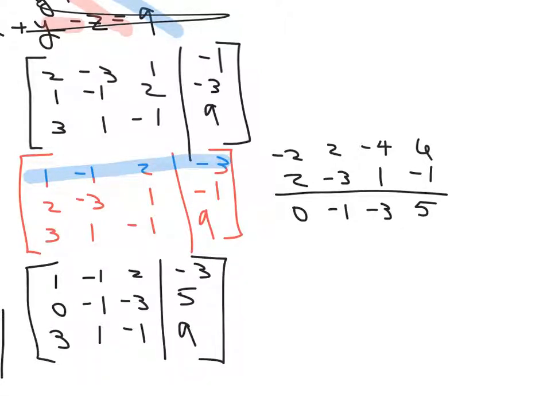Okay, so again, this row is the one that's locked, and we just changed the second row here. We got rid of that 2, and it now becomes this row right here. It's not locked yet because even though that's a 0, this has to turn into a positive 1.